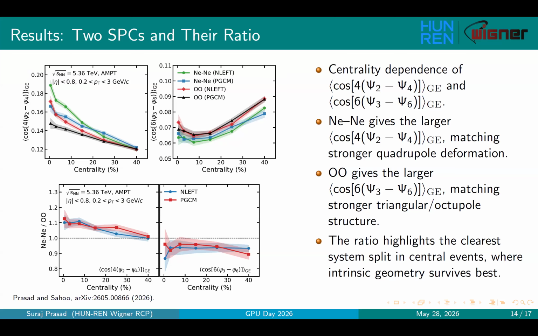As a result, as I discussed, the neon seems to have a larger correlation between psi2 and psi4, which is expected because of its intrinsic quadrupole deformation. On the other hand, the oxygen seems to have higher correlation between psi3 and psi6 because of its octupole deformation. These are again visible clearly in the lower panel, the ratio panel.